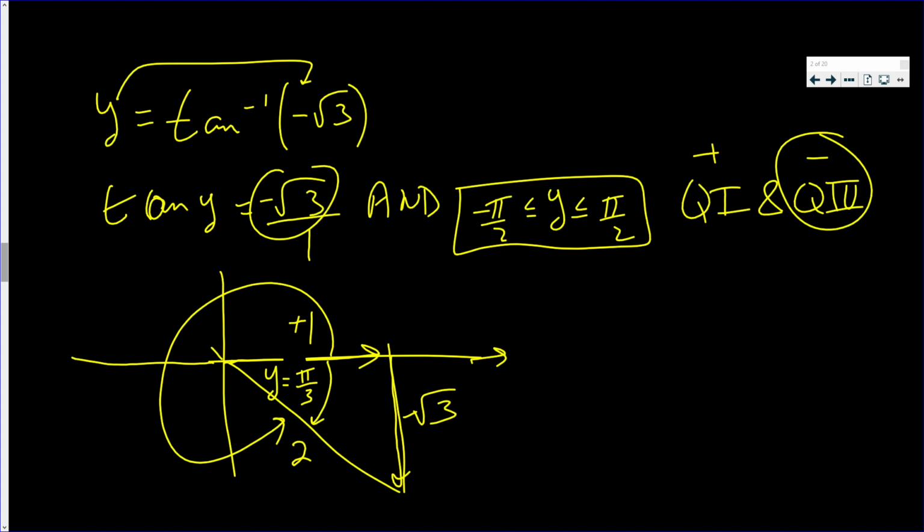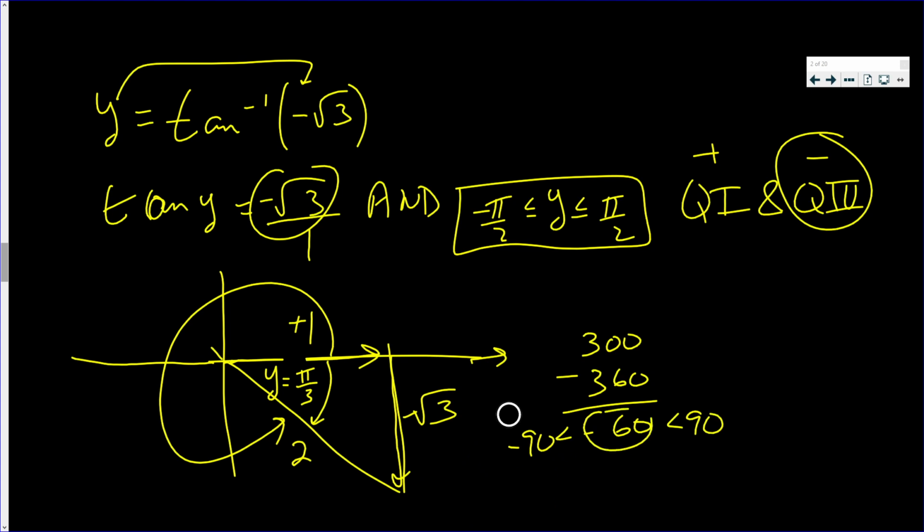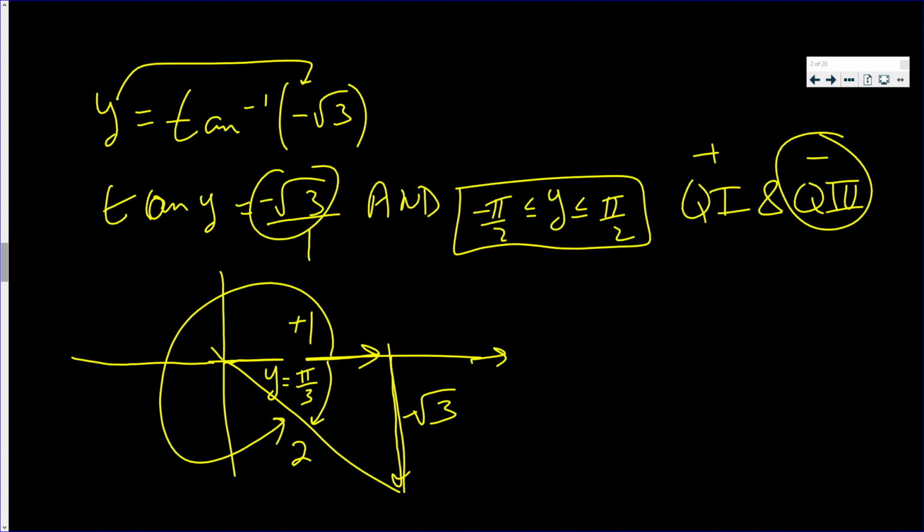What you can always do is find a coterminal angle. 300 minus 360 is negative 60. That's bigger than negative 90 and less than positive 90, so we'll use that answer. So did we answer the question? No. Now we will: negative pi over 3.